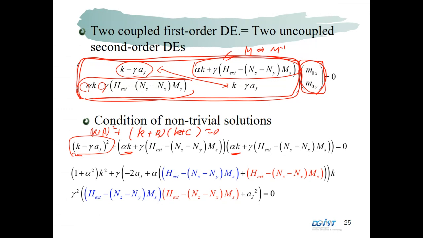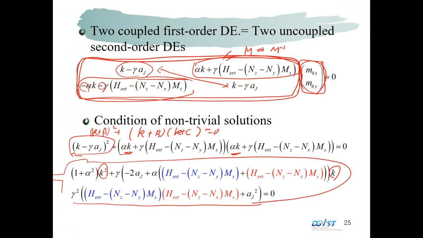Okay, so this is the quadratic equation for the k. So let's collect the square of the k terms and the linear terms and the constant terms. So this is nothing else but these quadratic equations.